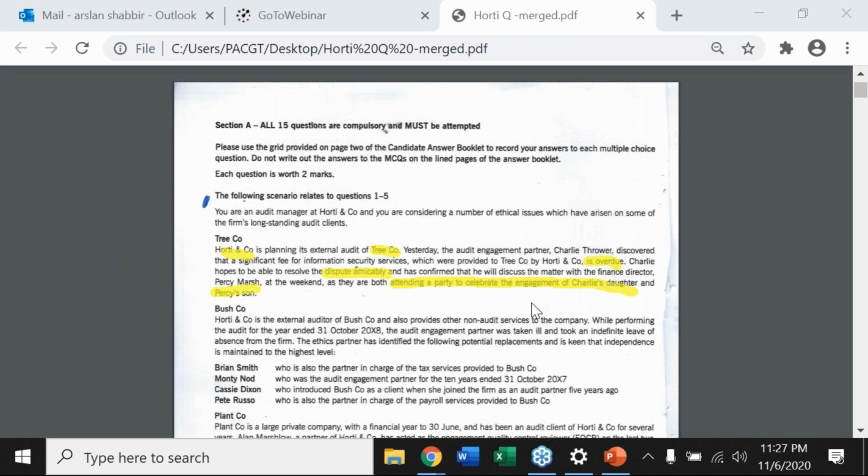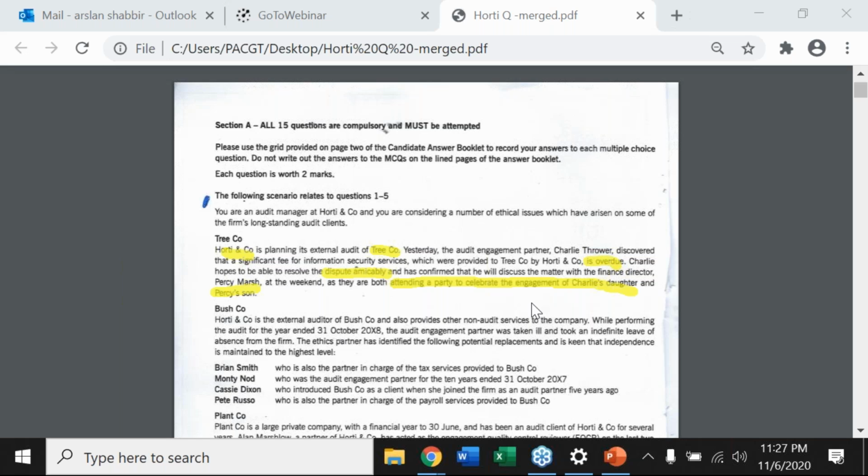It's a self-interest threat right away, the marriage of Percy's son with the partner's daughter. Your answer is partially right.